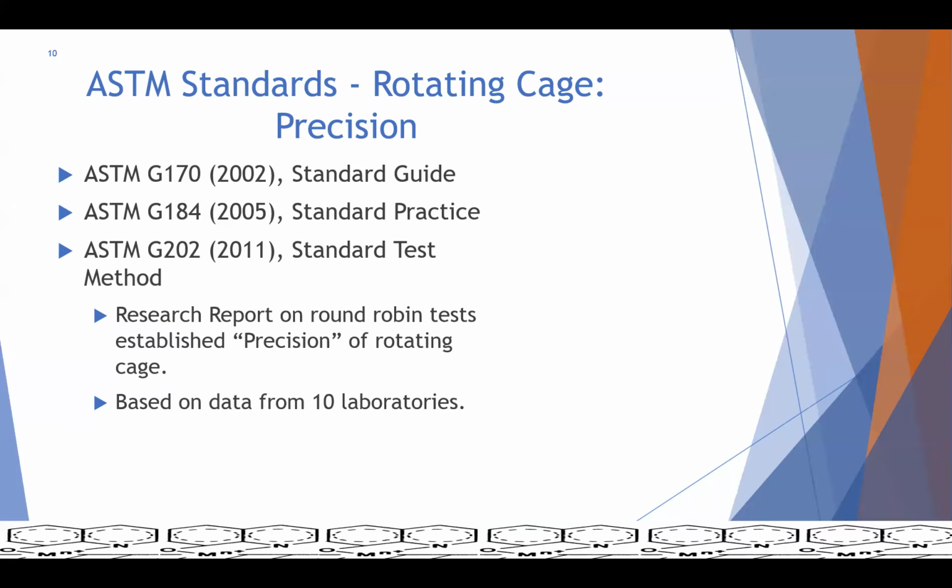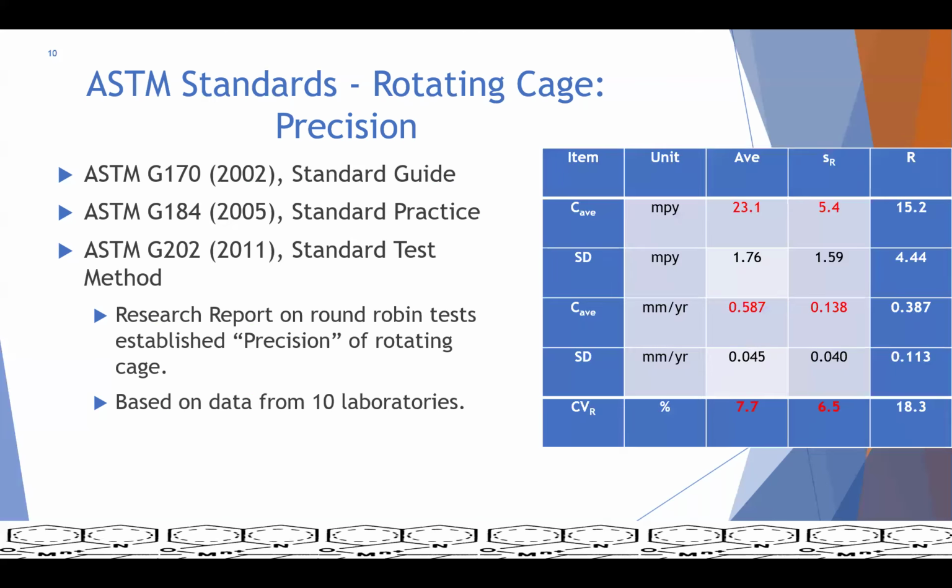The golden standard category is standard test method, which not only gives precision in terms of repeatability and reproducibility, but also publishes a research report. That research report is based on round robin tests.